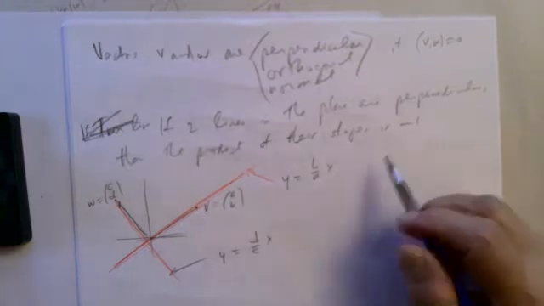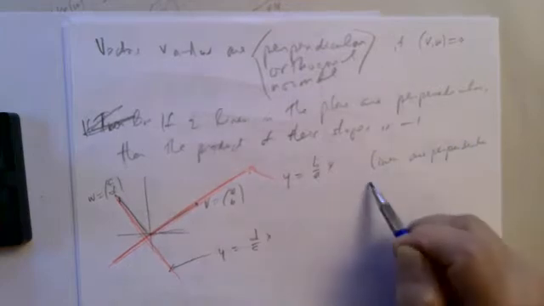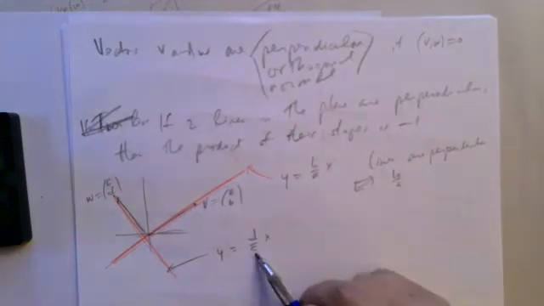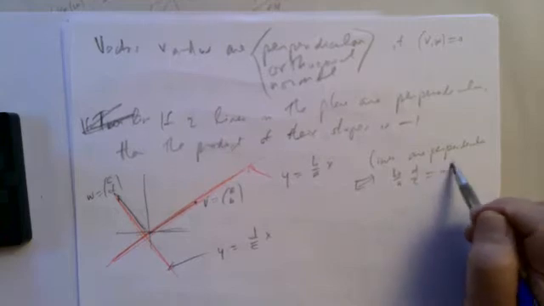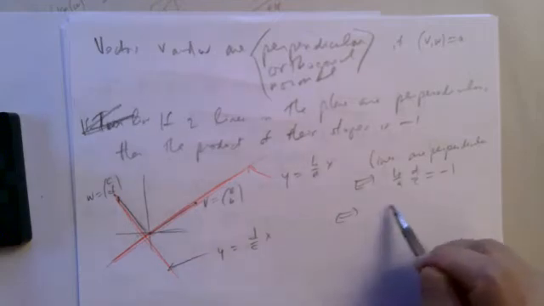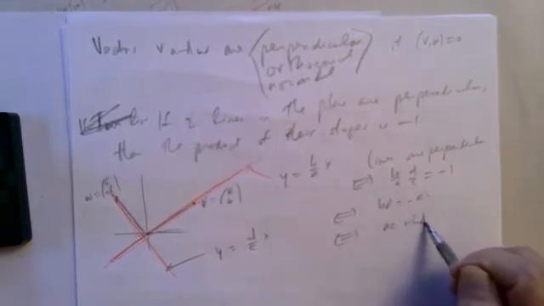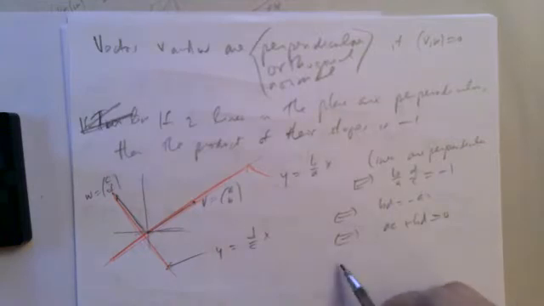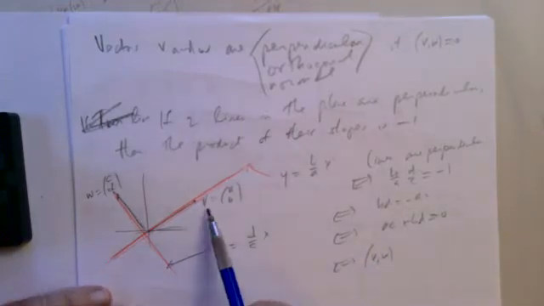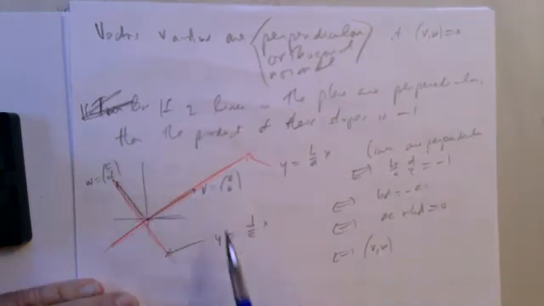So these lines are perpendicular if and only if the product of their slopes, this has slope B over A, this has slope D over C, is -1, which is the same as saying that BD equals -AC, or AC plus BD equals 0, which is the same as saying if I take the inner product of V and W, the standard inner product, you multiply coordinates and add: AC plus BD.